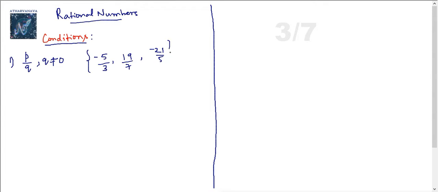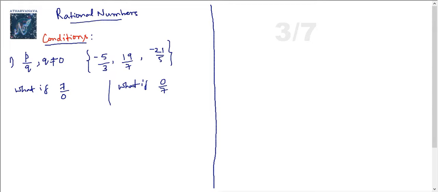These are some examples. Now, let us see. I have two questions. One is, what if, say for example, 7 by 0, and what if 0 by 7? See the conditions here.